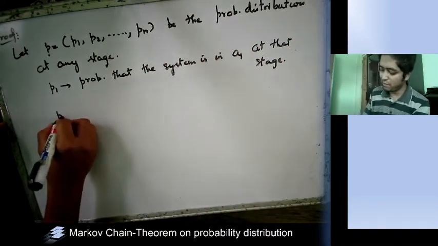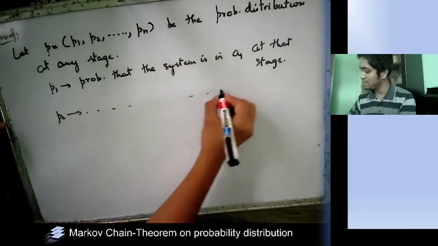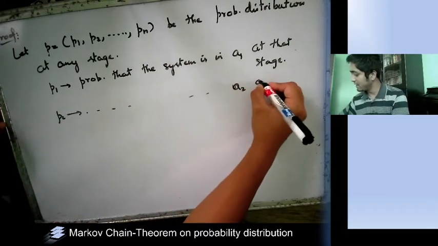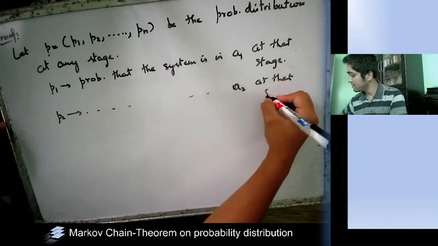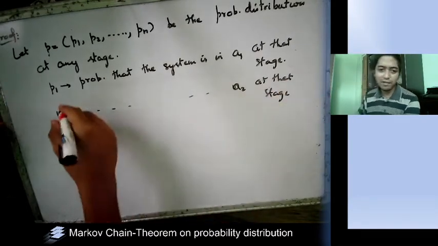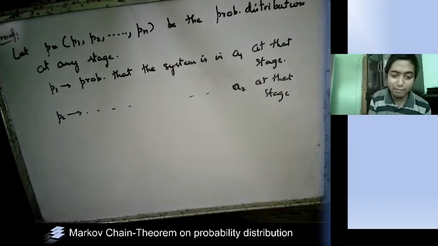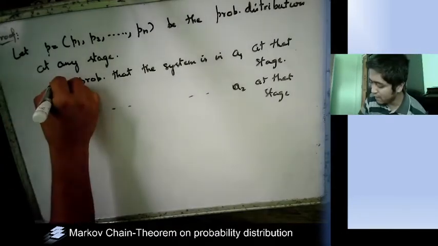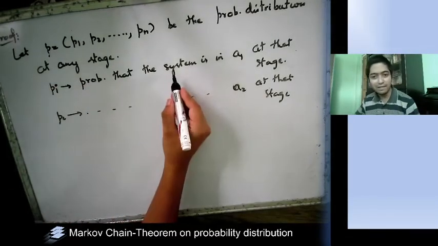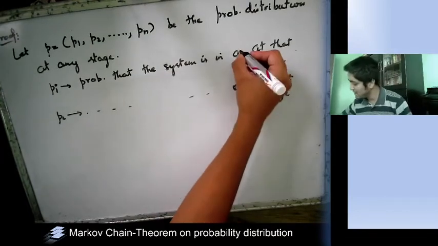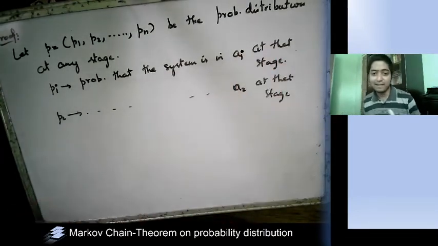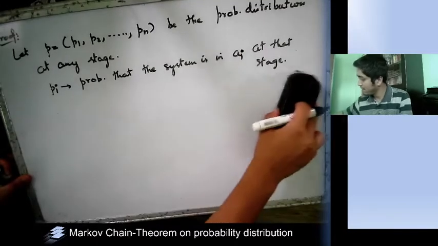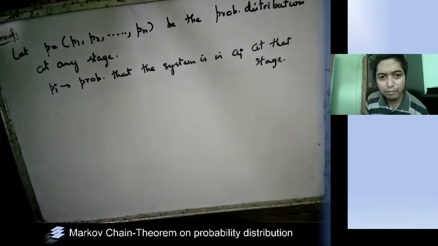Similarly, P2 is the probability that the system is in A2 at that stage, and similarly P3, P4, P5, P6, and so on. In general, Pi is the probability that the system is in Ai at that stage.